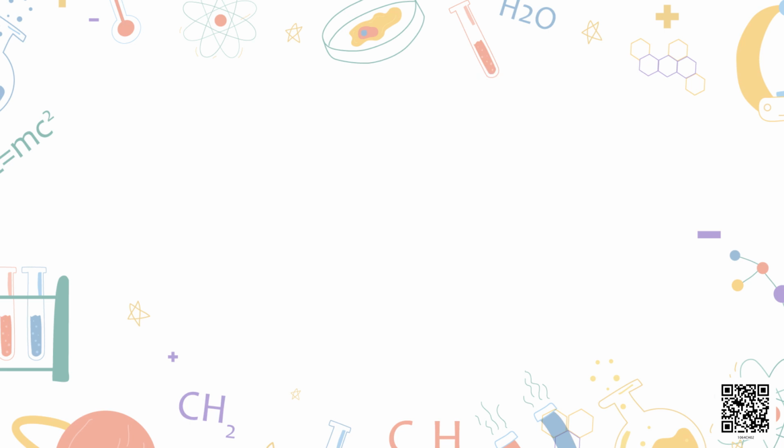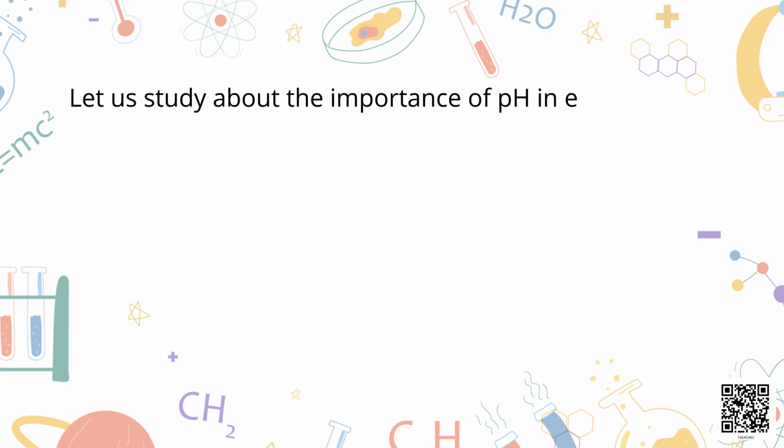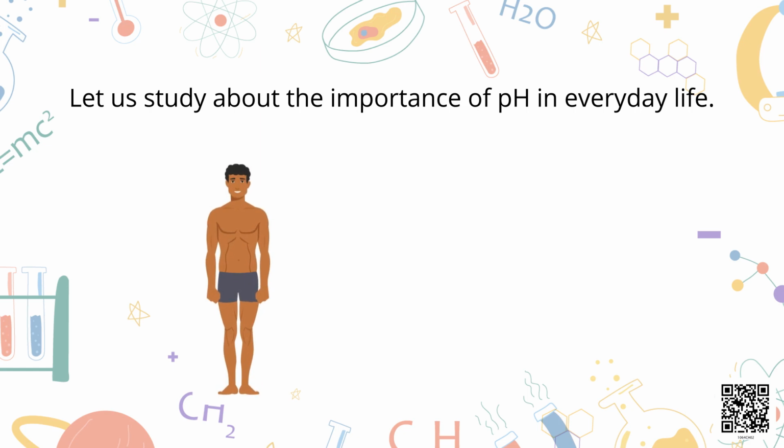Now, let us study the importance of pH in everyday life. First of all, we will talk about the importance of pH value in the human body. Our body can work properly within a narrow pH range of 7 to 7.8.